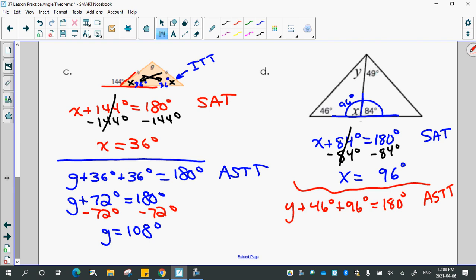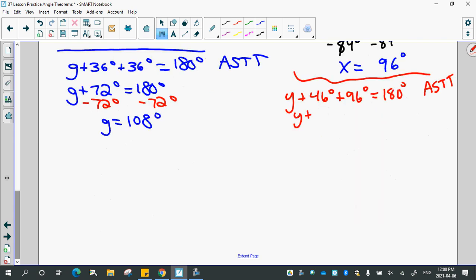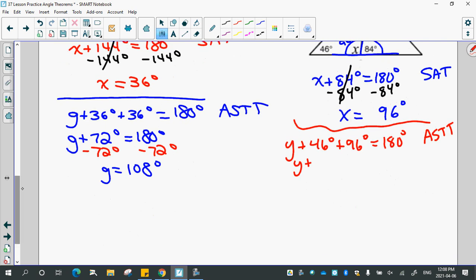So the angles in a triangle add up to 180. So 46 and 96 is 142. And then I subtract 142 on both sides, which means that Y is going to turn out to be 38 degrees. And then I've got both of my angles.